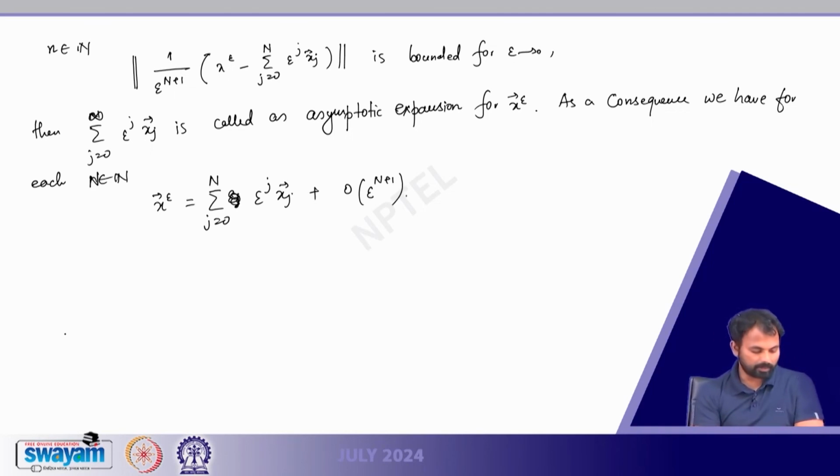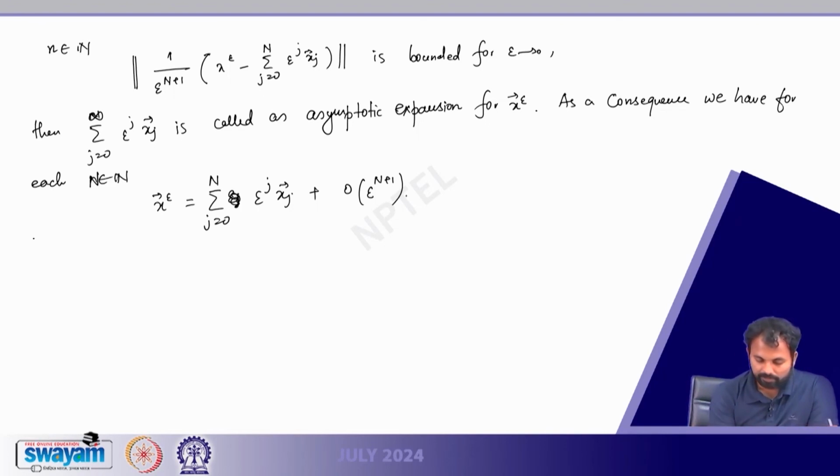And this may be the correct asymptotic expansion for x epsilon, so that you get the asymptotic behavior of this solution as epsilon tends to 0.